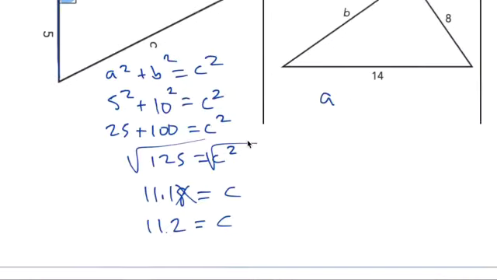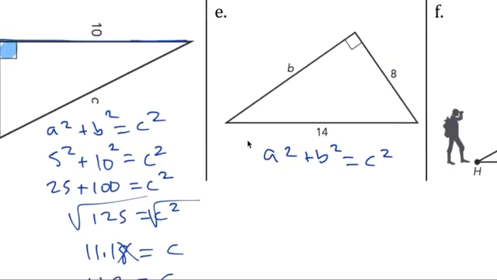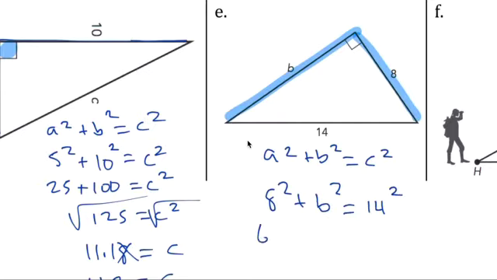Okay, a squared plus b squared equals c squared. This is a and that's b. So 8 squared plus b squared equals 14 squared. 64 plus b squared, and 14 squared is 14 times 14. We get 196. Subtract 64 from both sides.